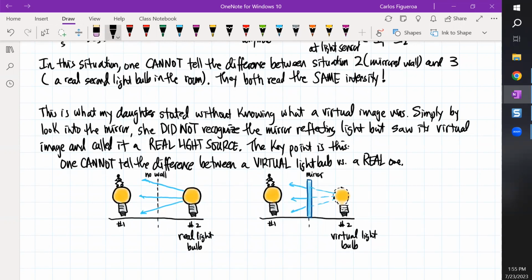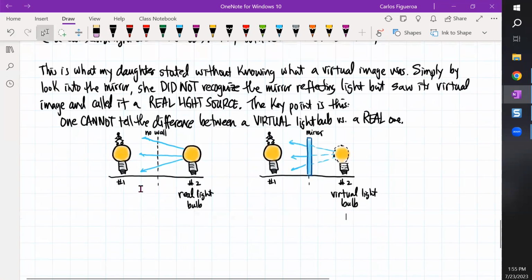And so now imagine that I have a blocker. Let's say that I can't tell whether I'm talking about a real light bulb or a virtual one.